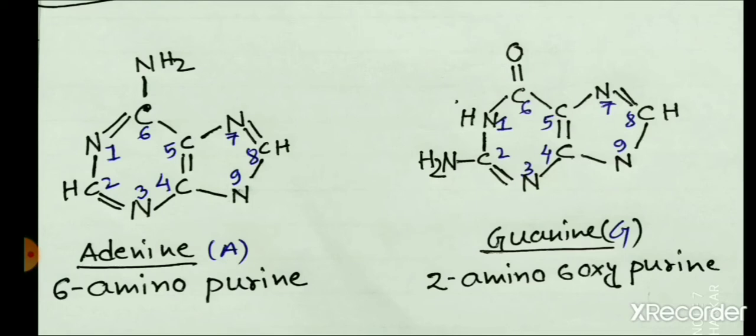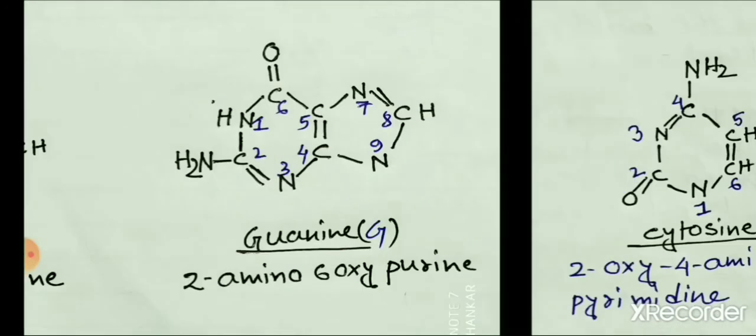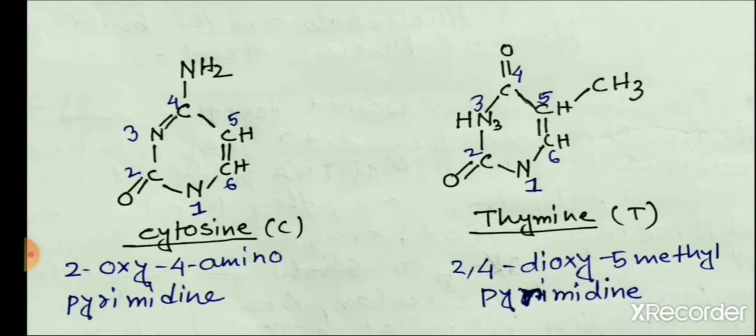So let's talk about the pyrimidines. We see the detailed structure. In the next diagram we see that there are two pyrimidines, one is cytosine and the other is thymine. In cytosine, in the 2 position there is an oxygen atom and the fourth position is held by an amino group.